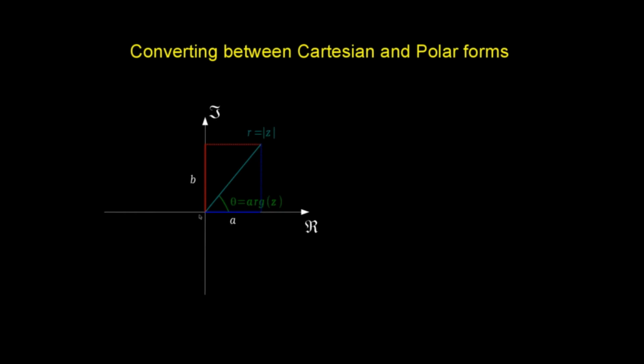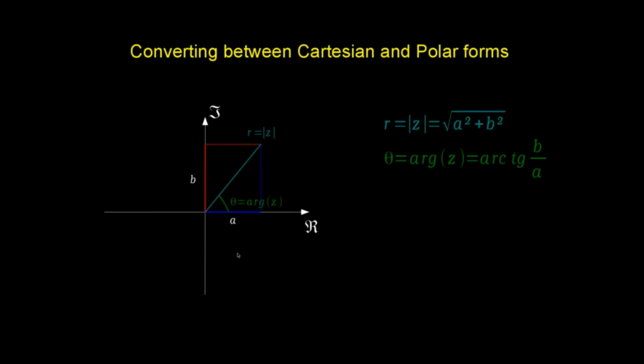If we have the values of a and b, we can calculate the modulus of our complex number using this expression here, the square root of a squared plus b squared. And to calculate the angle theta, we will have the arctangent of b divided by a.